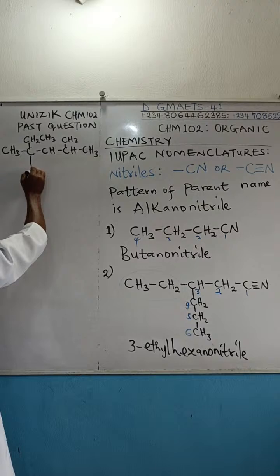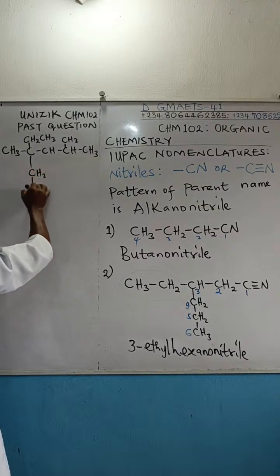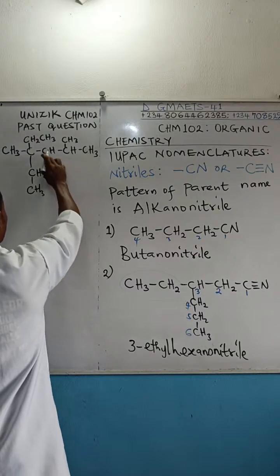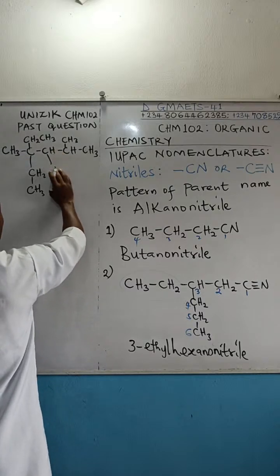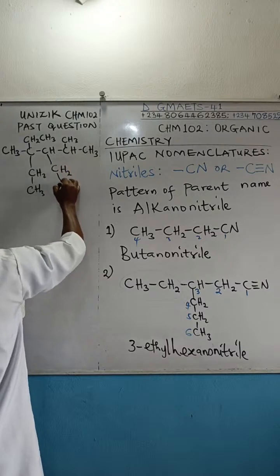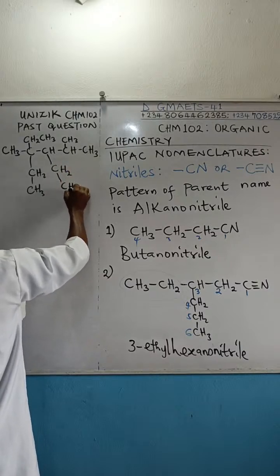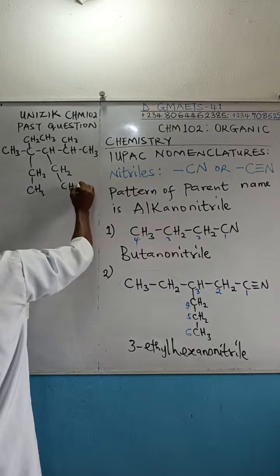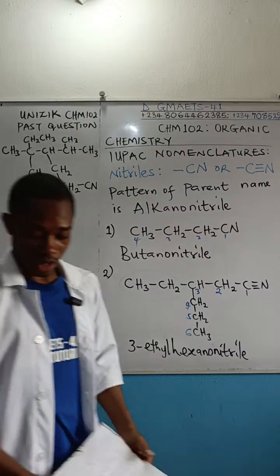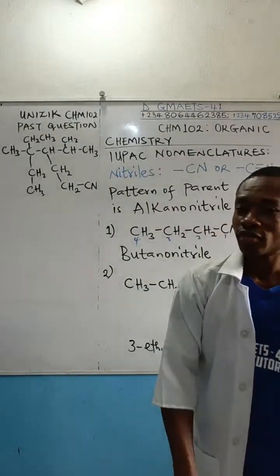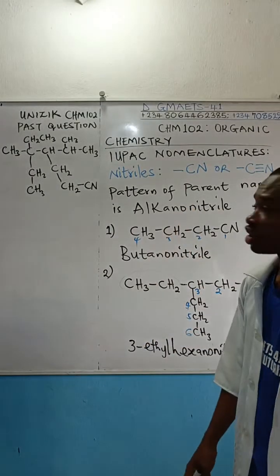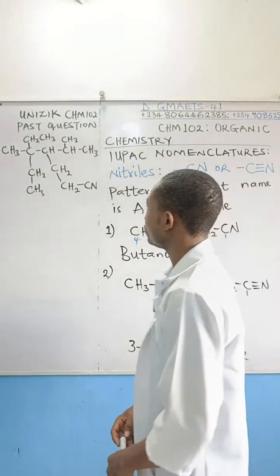Coming down, we have CH2, then CH3. And then here we have CH2, CH2, CN. So this is the structure. What is the IUPAC name of this structure that we have on the board?